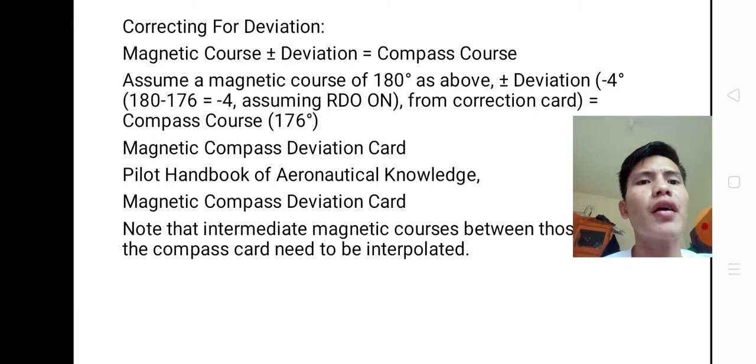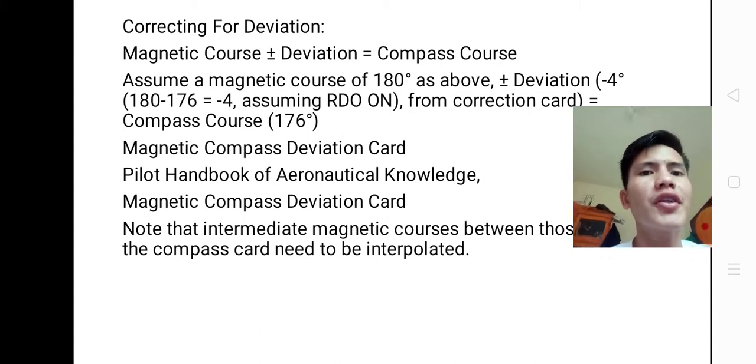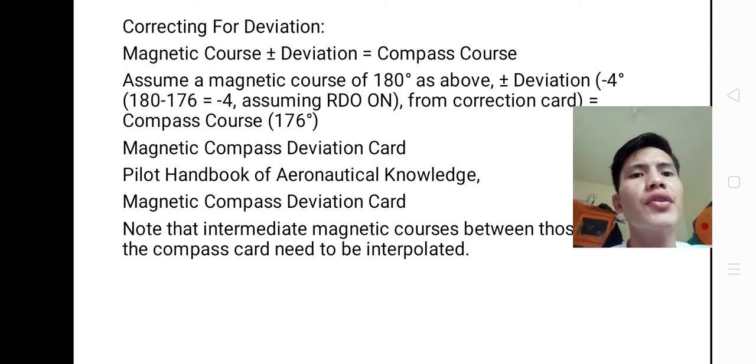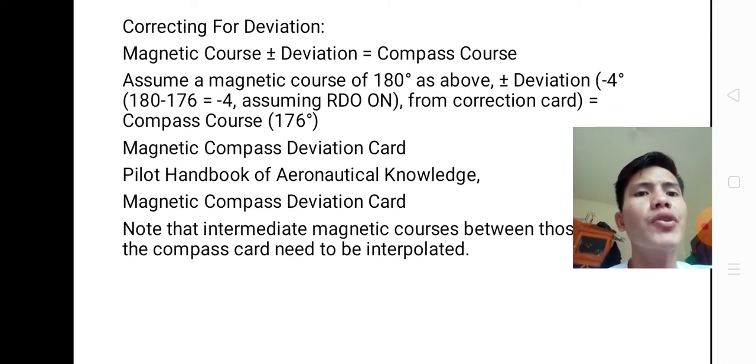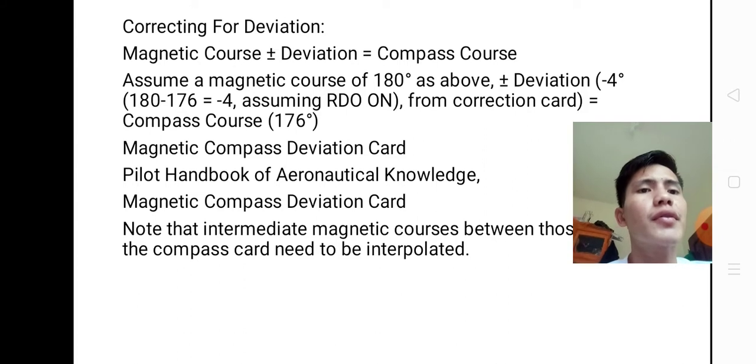Assume that a magnetic course of 180 degrees plus deviation equals negative 4 degrees. So, 180 degrees minus 4 degrees equals 176 degrees. Assuming the correction from the card, the compass course equals 176 degrees.